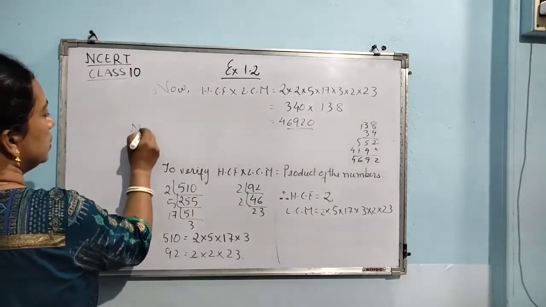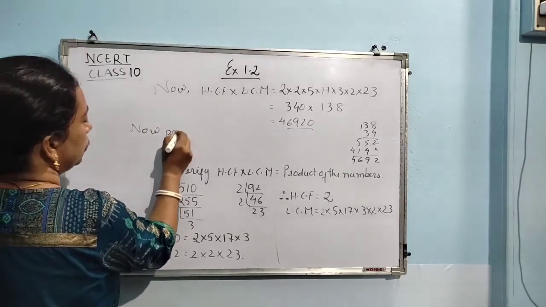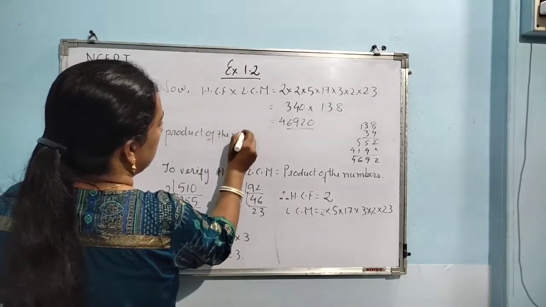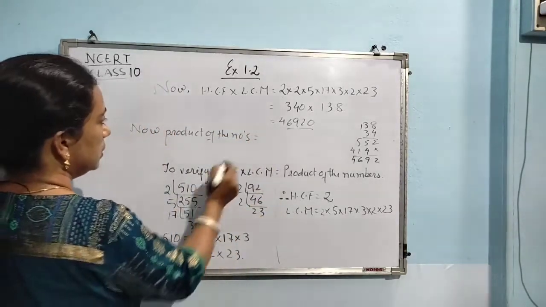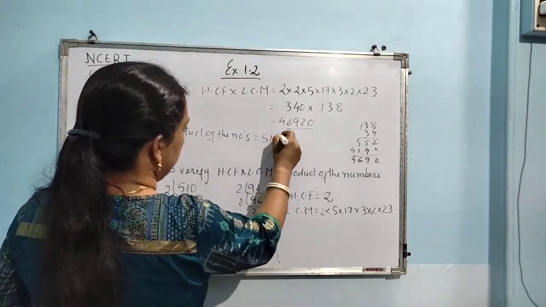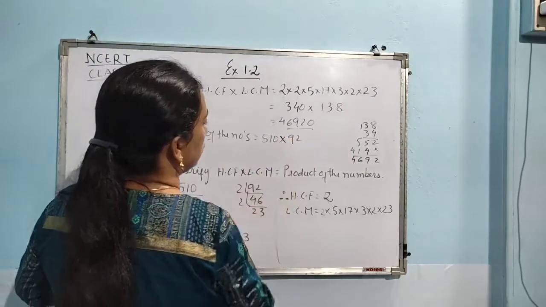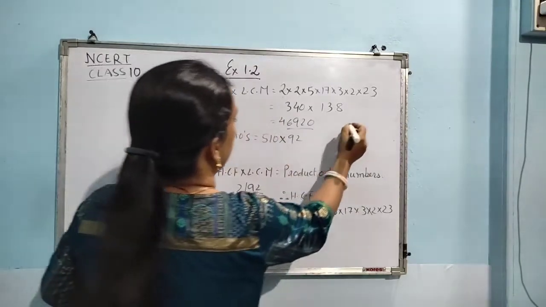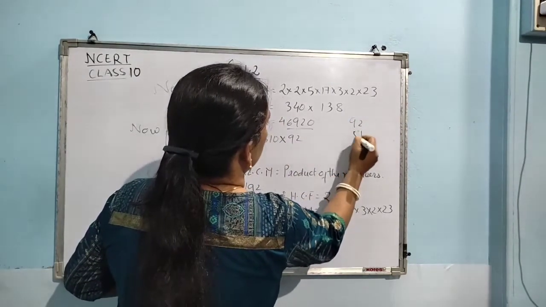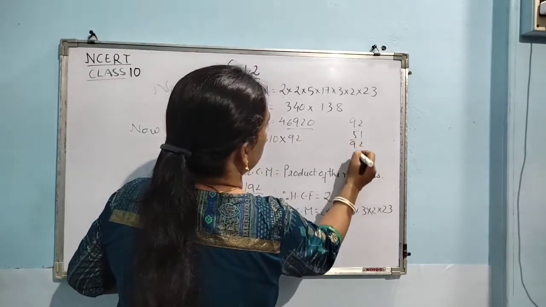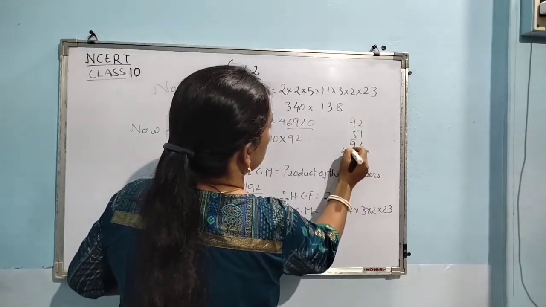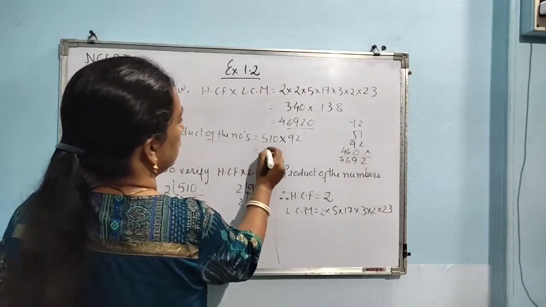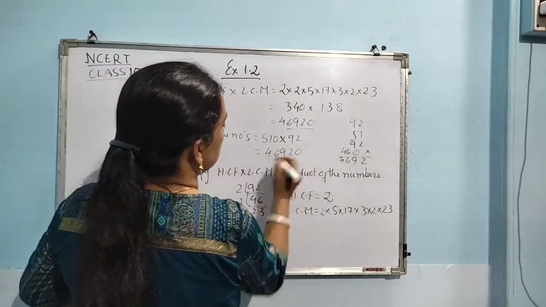Now the product of the numbers. What are the numbers? 510 and 92. Do the product. It has to be 46920. 92 and 510, this is 92 2s are 10, 1, 92, 56, 296, 469, 46920.